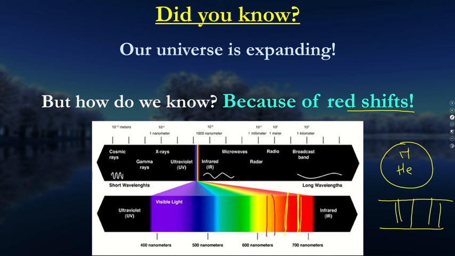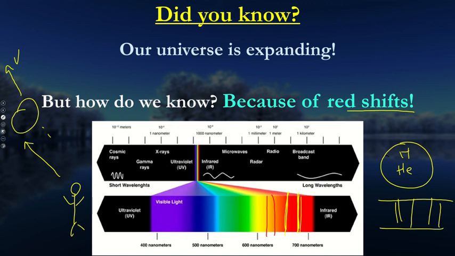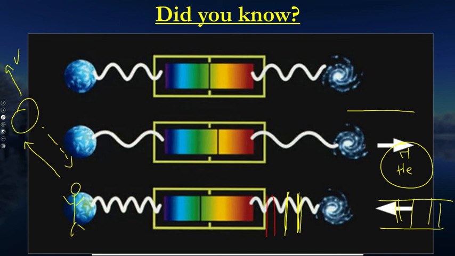This is called a red shift, meaning that as I, this stick figure, was looking towards this star, the star was also moving away from me. So as it was moving away, I was getting a more reddish absorption spectrum. This is what we call the redshift.